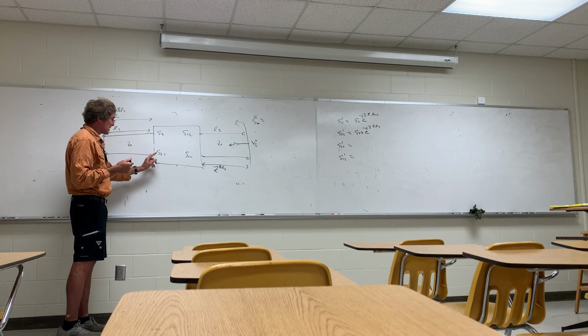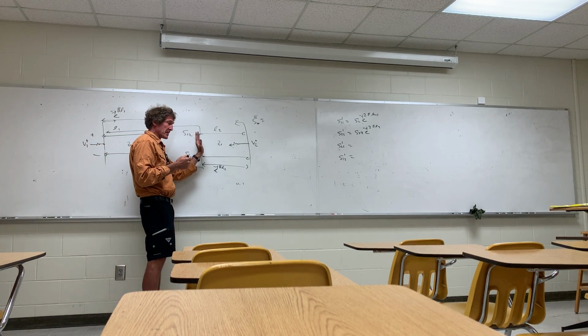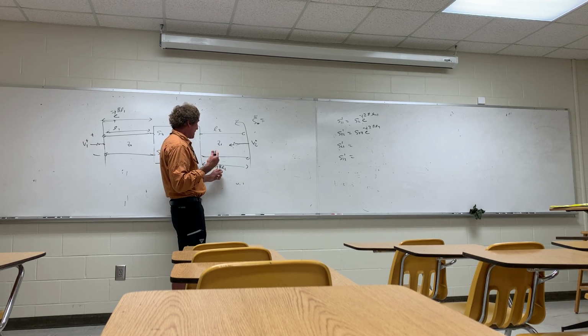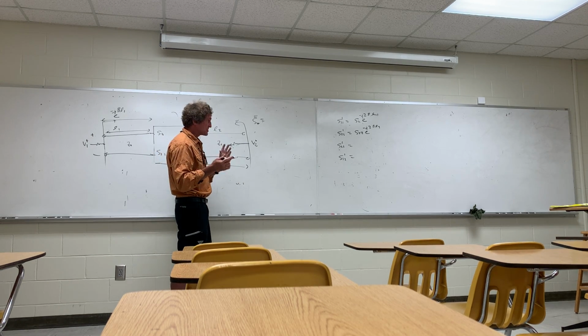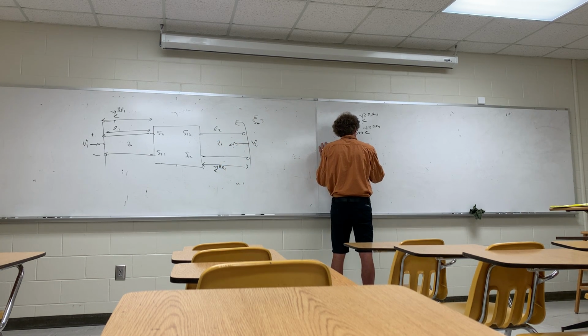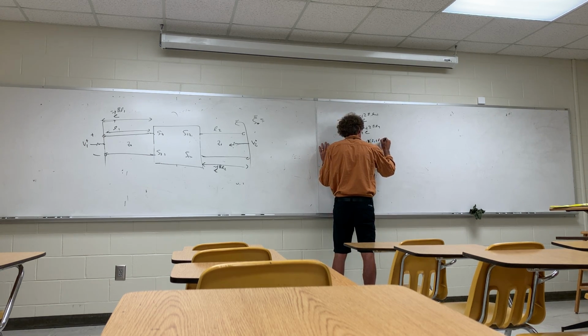Then I multiply this by S21. Now that wave's coming out here, but it has an additional phase of e to the minus j beta L2 added on. So the net amount of phase change is, it'll still be S21, but then it's going to be e to the minus j beta times L1 plus L2.